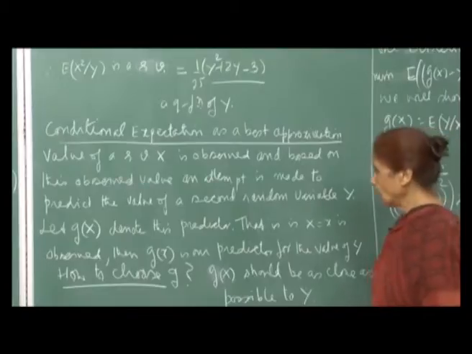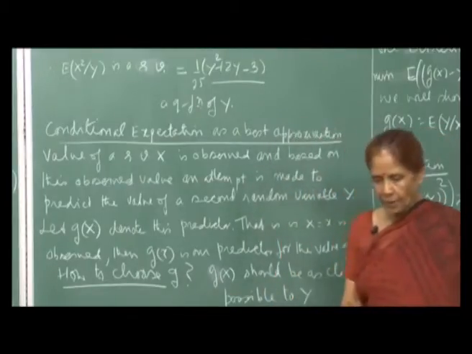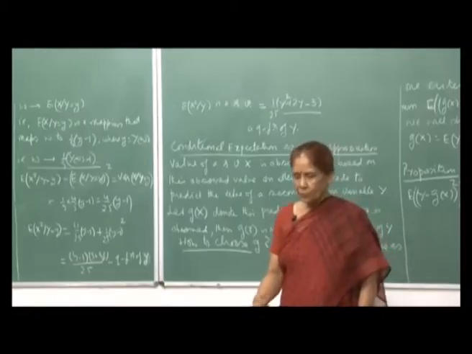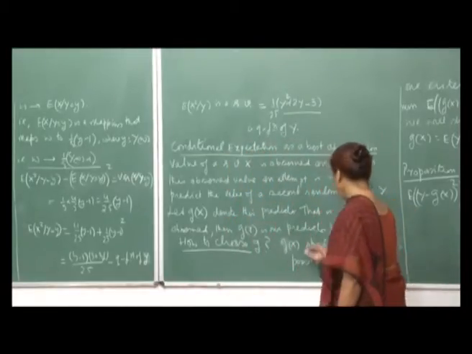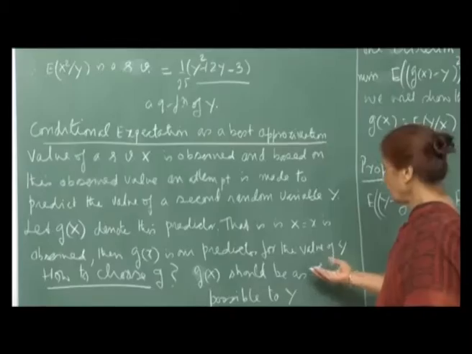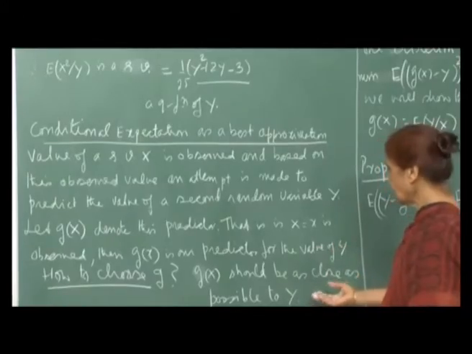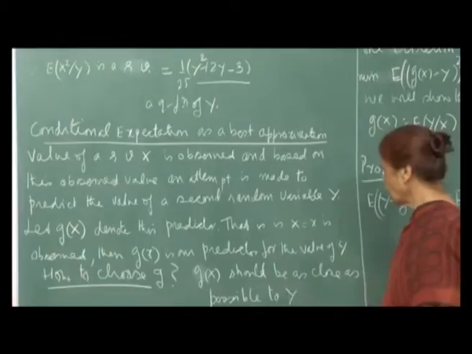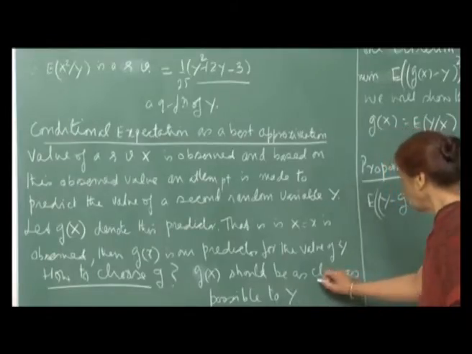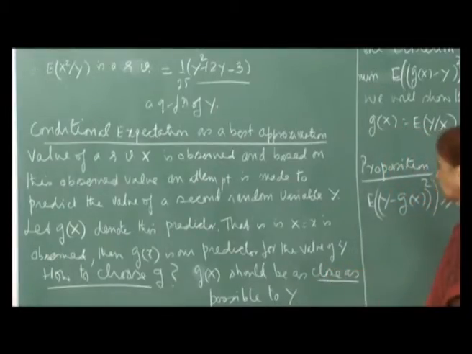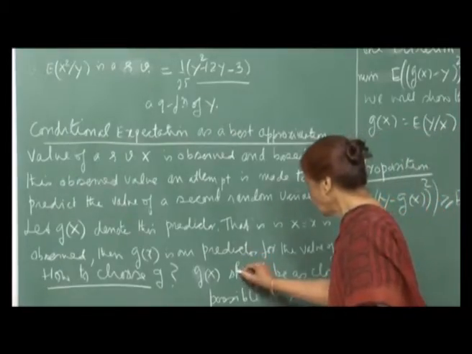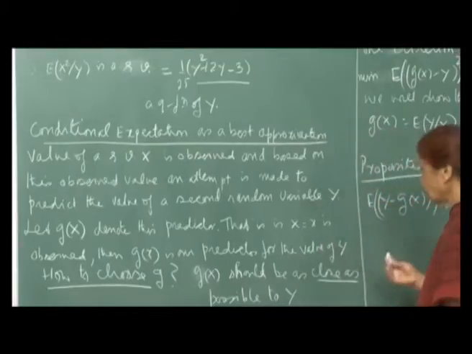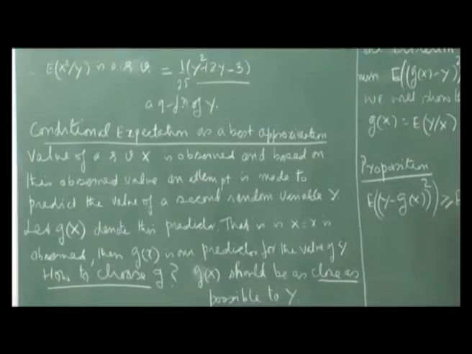Now, how to choose g? Because you have to have some concept as to what is the g that is acceptable to you, and of course, the quality that g must possess is that it should be as close as possible to y. So, the whole idea is, what do you mean by closeness here. Later on, when we talk of limits and convergence in probability, these things will become more clear.